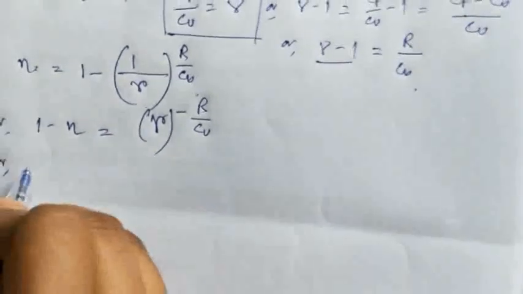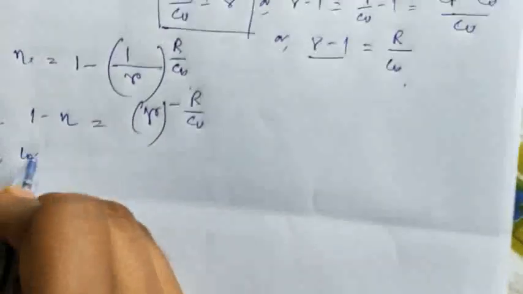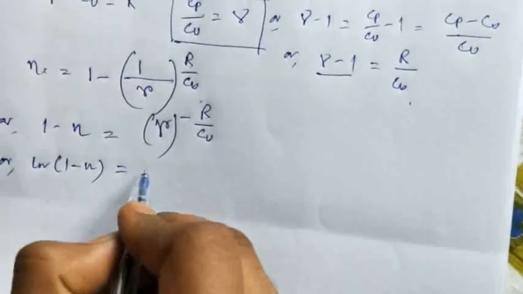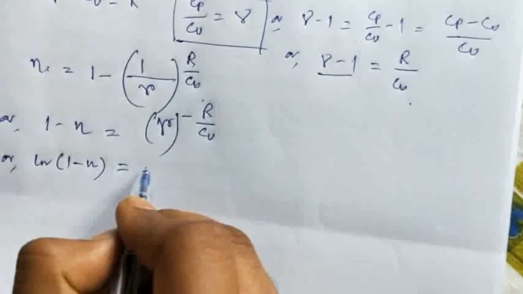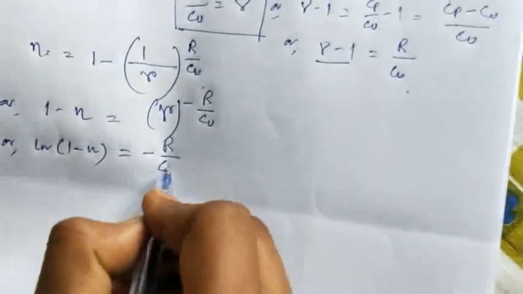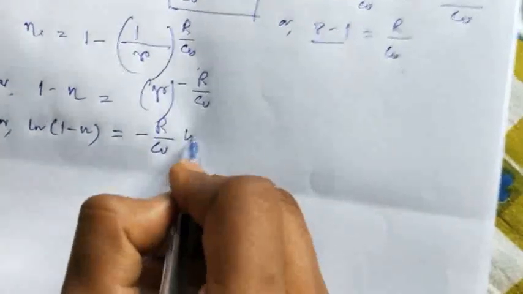Then if we take log or ln on both sides, ln of 1 minus efficiency will be equal to ln of this, the power will come in front, ln of r. Okay.